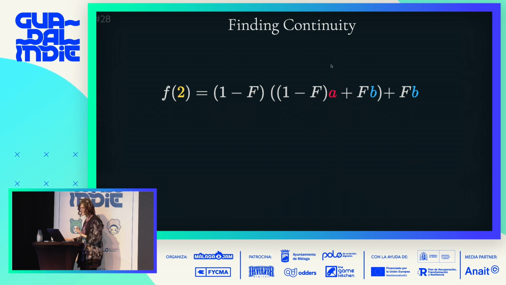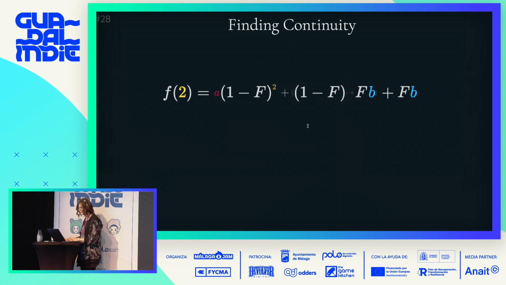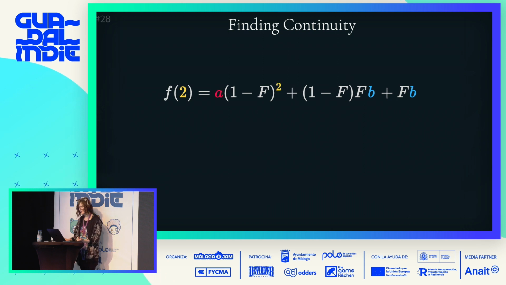And immediately you can see that we have 1 minus f as a recurring theme here, so we can make an educated guess that 1 minus f is going to be important to solving this. 1 minus f times a, we can break out from this inner function. And then we get a times 1 minus f squared, because we're multiplying 1 minus f's together. I made this 2 yellow here, because I suspect that this is going to be the n when we solve f of n.